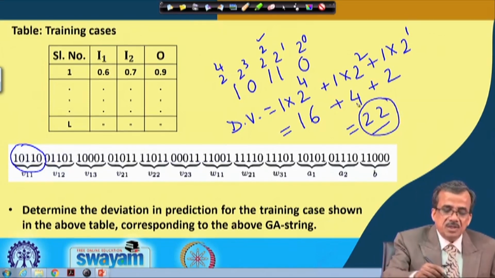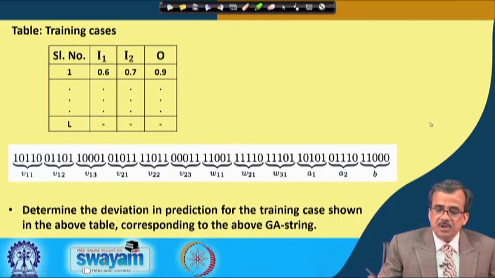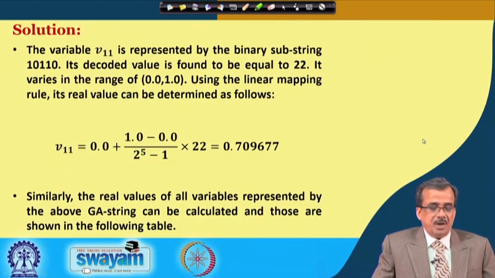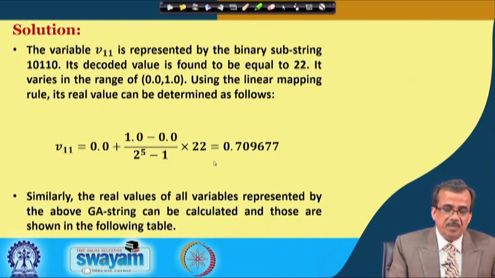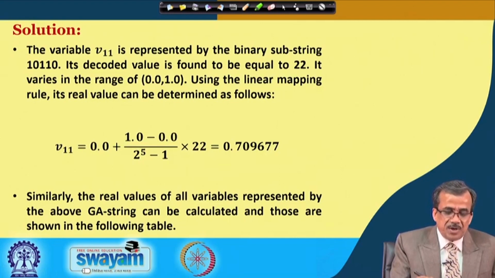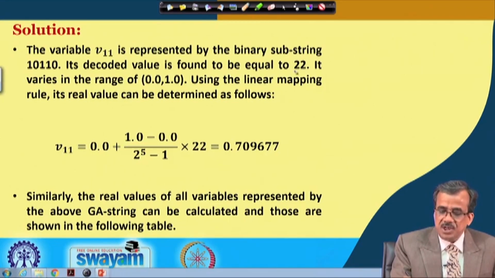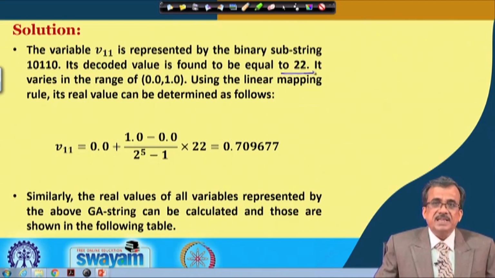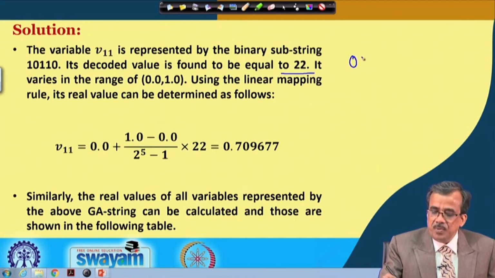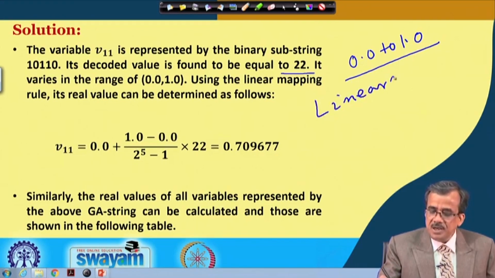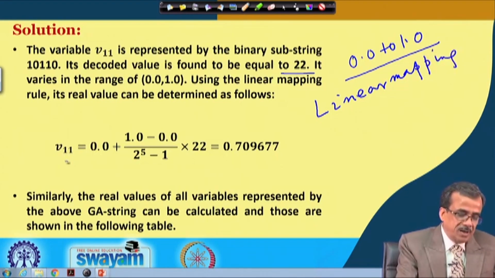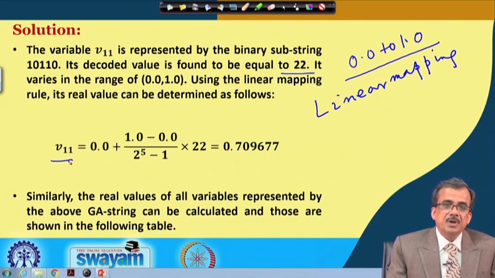And once you have got the decoded value, now we can use the linear mapping rule to find out the real value corresponding to that binary substring. We have already discussed the decoded value, and we know the range. The range is 0.0 to 1.0. So, using the linear mapping rule, which I have already discussed, we can find out the real value corresponding to V11.